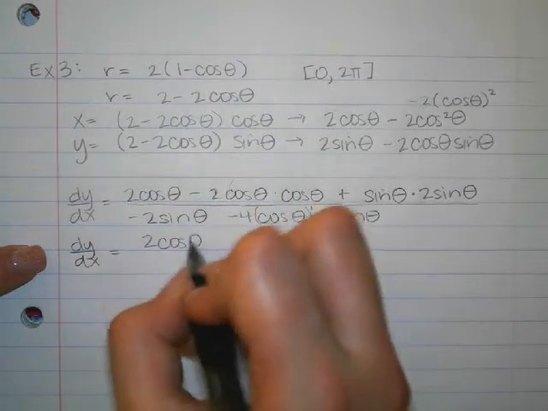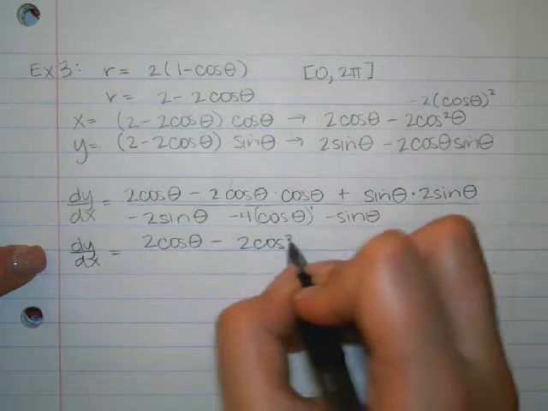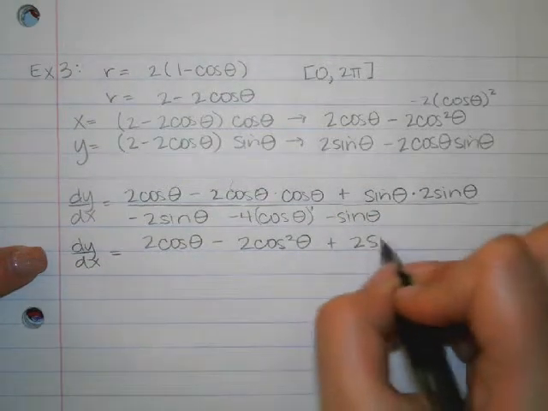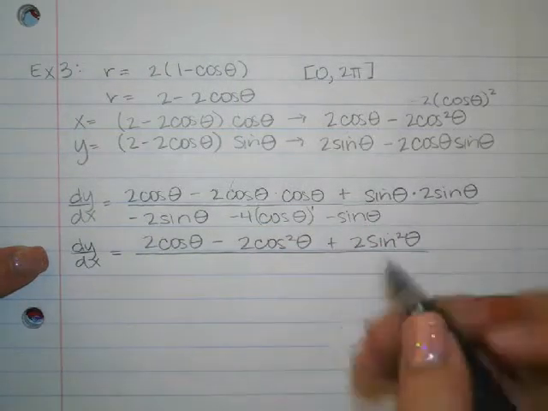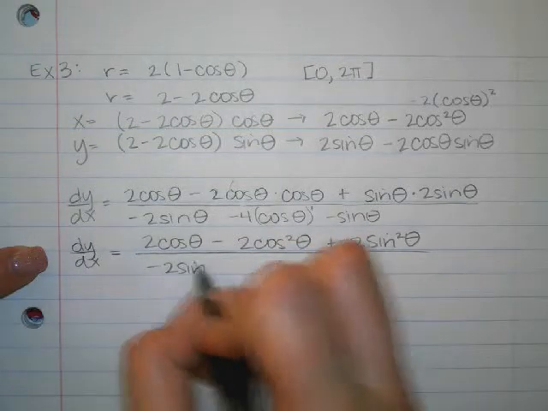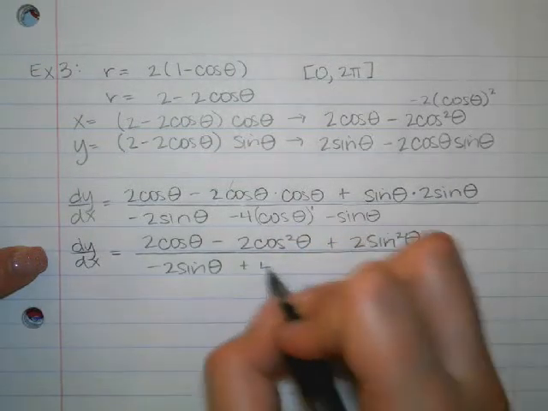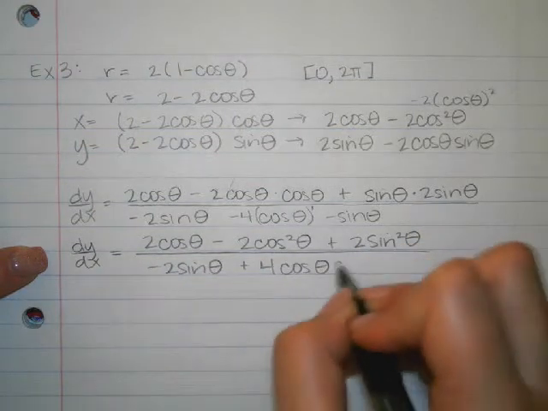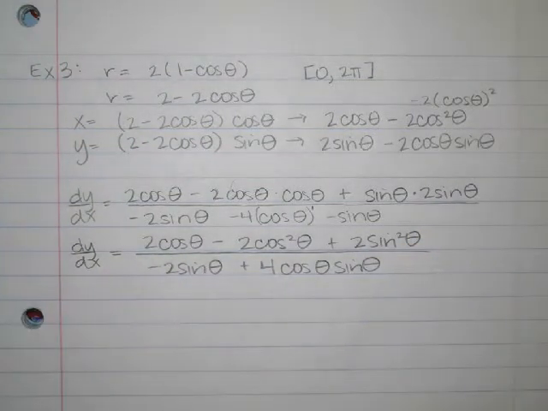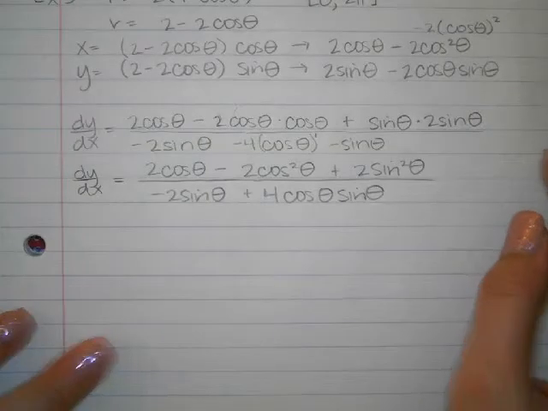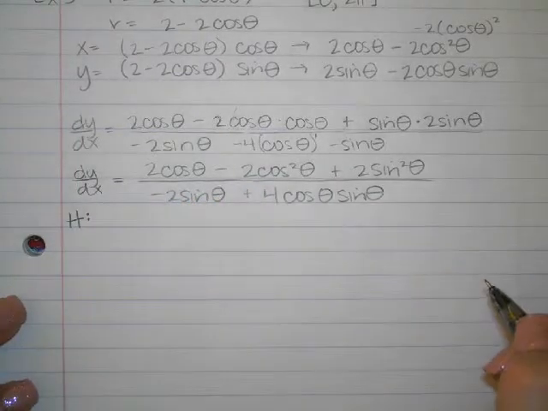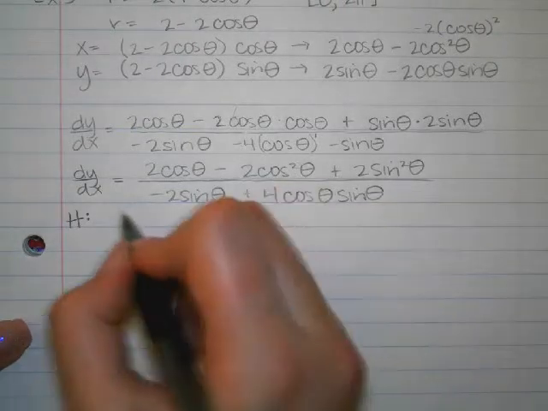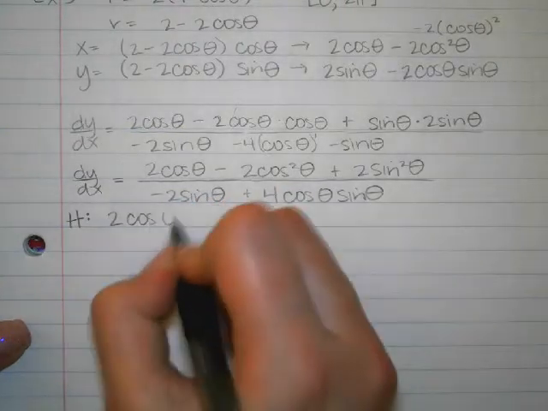So 2 cos theta minus 2 cos squared plus 2 sine squared, negative 2 sine minus, nope, plus 4 cos sine. Okay, so to check for a horizontal tangent line, what are we going to do? Yeah, take the top and set the top equal to 0.